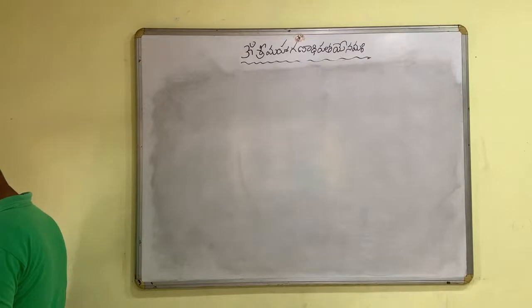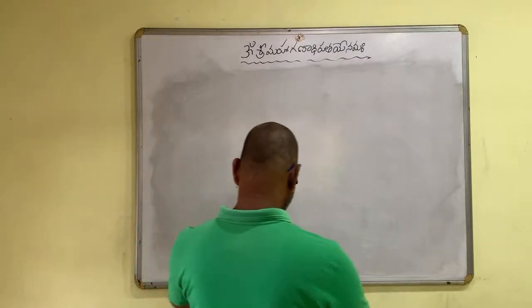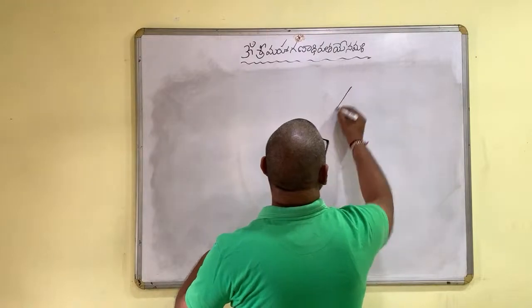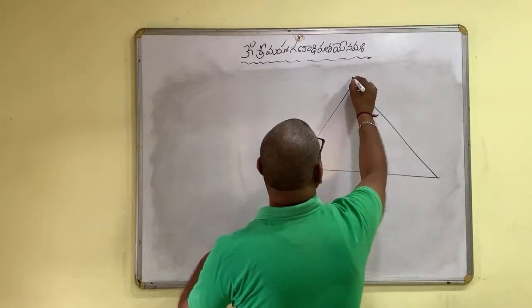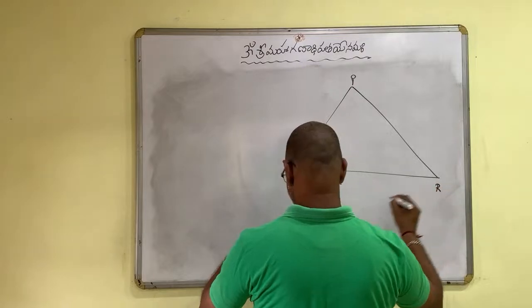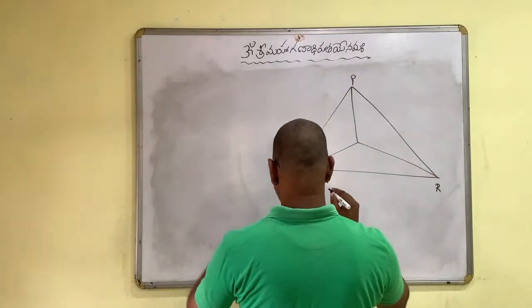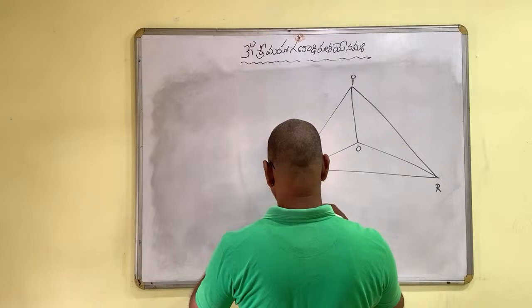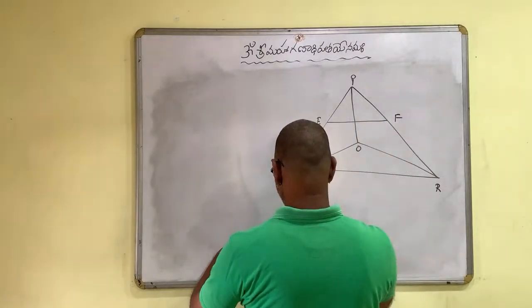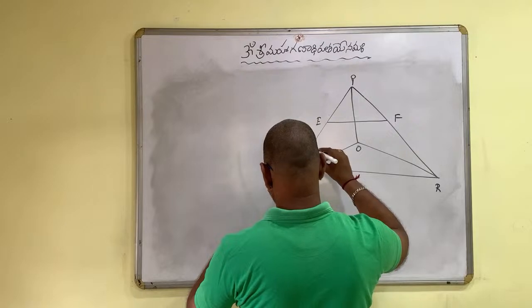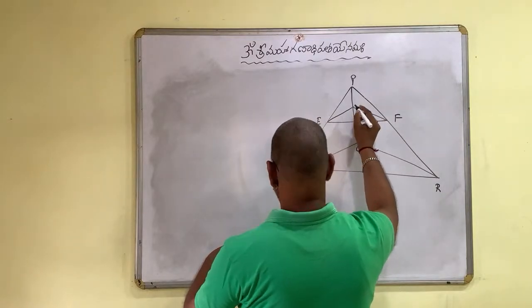Question number 5. See the figure? Triangle PQR, with points D, E and F marked.